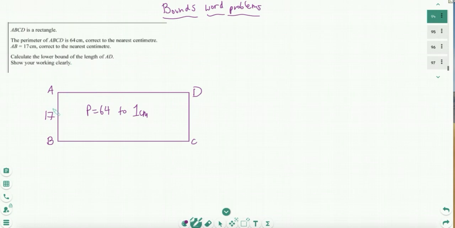And AB is 17 to the nearest centimeter. So 17 to the nearest 1 centimeter. Calculate the lower bound of this length here. All right, so I want to find the lower bound of A to D, of the length AD. That means I want to find the lowest possible length.